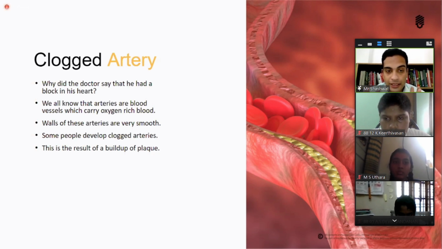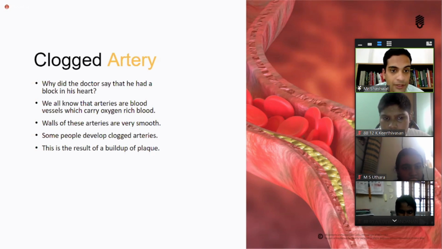Now, the means of communication to transport that blood is our blood vessels. Through blood vessels, our blood is able to reach different organs of our body. Now, obviously, if there is a blockage in one of these vessels anywhere in your body, that means your organs will not get a sufficient supply of oxygenated blood.